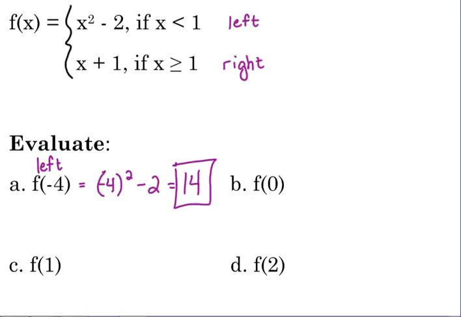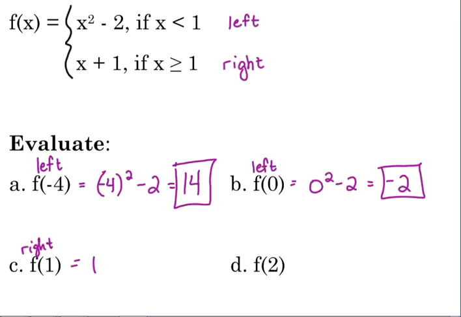Okay, so if I ask f of 0, left side or right side? Left side, because 0 is less than 1. So we plug this one into the same piece. 0 squared minus 2, well, that just gives us negative 2. Okay, f of 1. Which piece has the equal to 1? The right side. So we plug this into the right side.